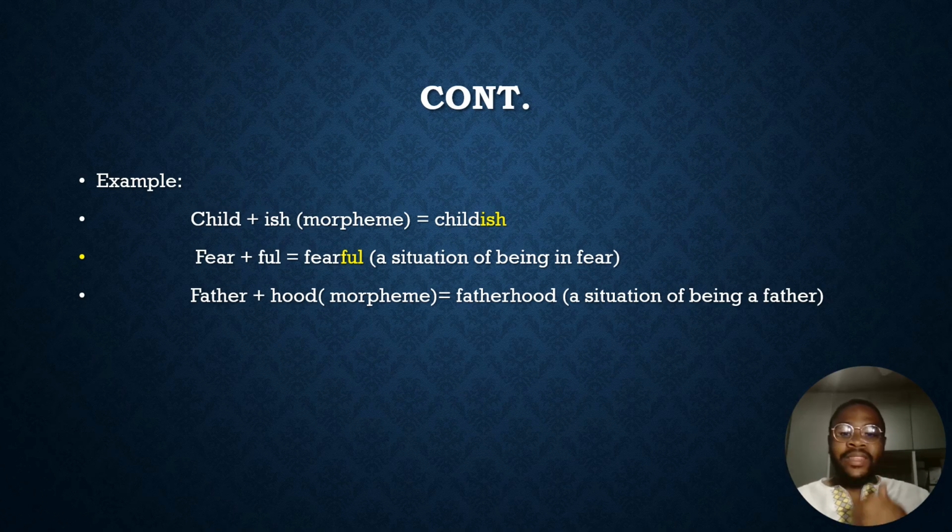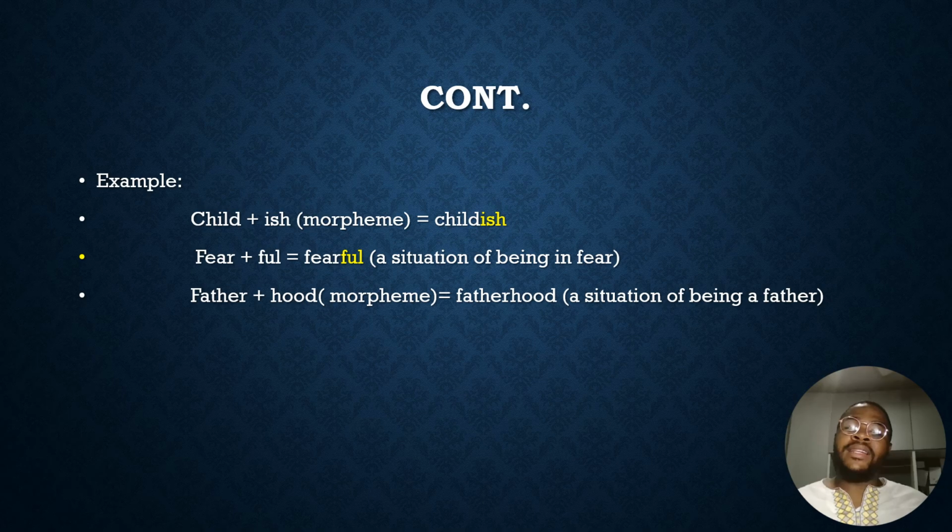So, when we continue, here is an example. Child. It's a small child that we are talking about. But when we add the morpheme ish, it changes from child to childish. It changes from a noun to a situation, because a child is that small human being that we normally have around us: the children that are playing, the young kids, the young people.